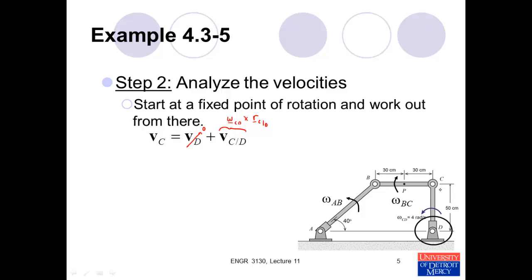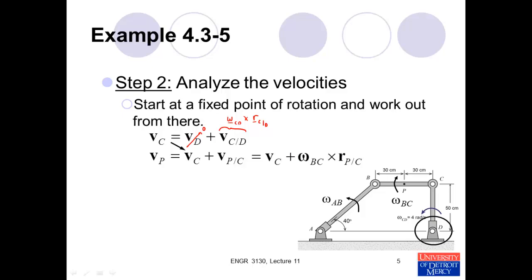Once we know the velocity of point C, we can then use that to determine the velocity of point P. So from the first equation, we know what the velocity of C is, and by adding the velocity of P relative to C, we can determine the velocity of P. And again, we can consider P as moving in a circle about point C. And so this is the velocity of P relative to C. This is true of any rigid body motion.